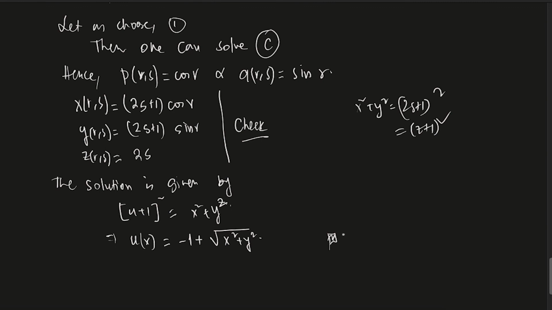Now, why am I writing plus and not minus? If you take the square root, there is a plus or minus sign. But u of x equal to minus 1 minus root over x square plus y square is not a valid solution. Why? Because u restricted to the points where x square plus y square equals 1 is 0. If you put x square plus y square equals 1 in this, it becomes minus 2.